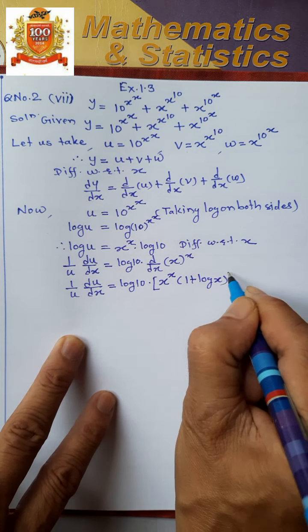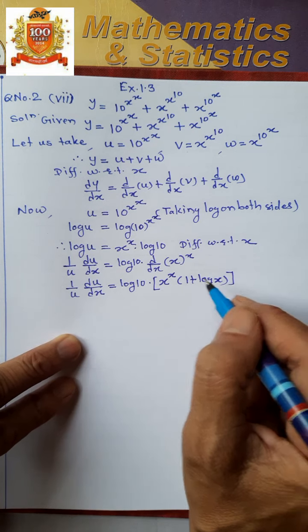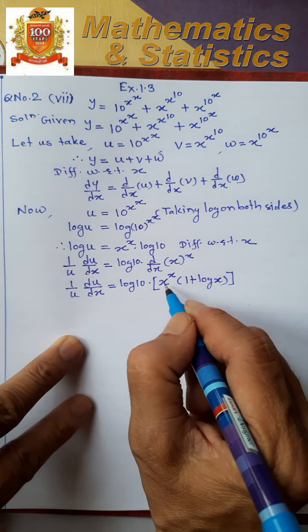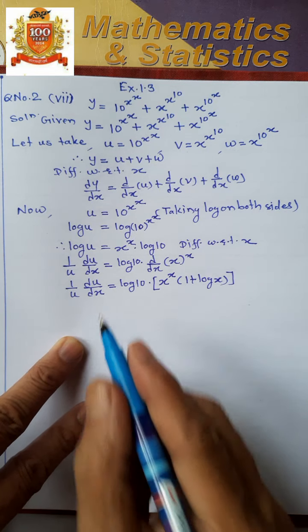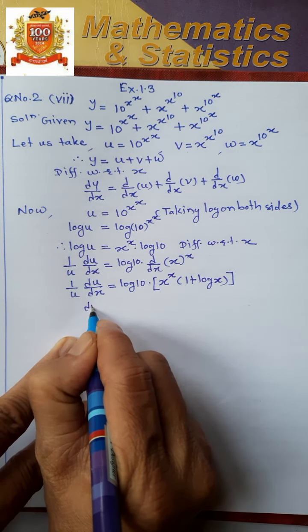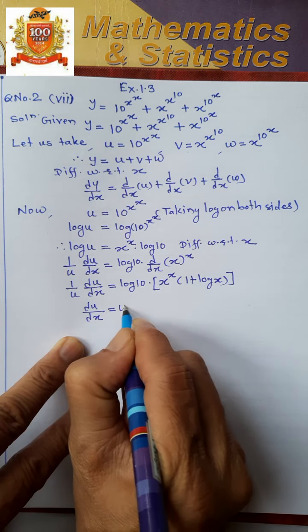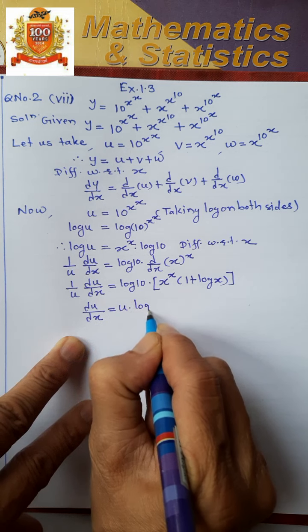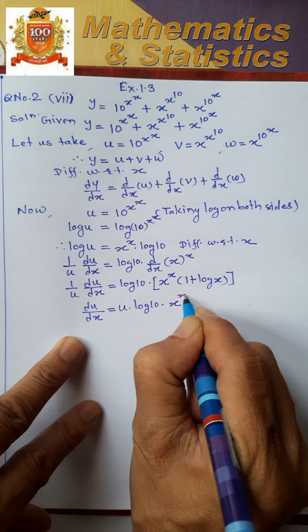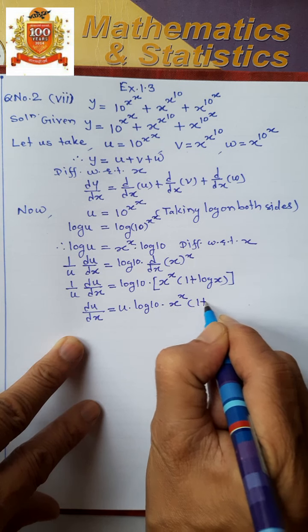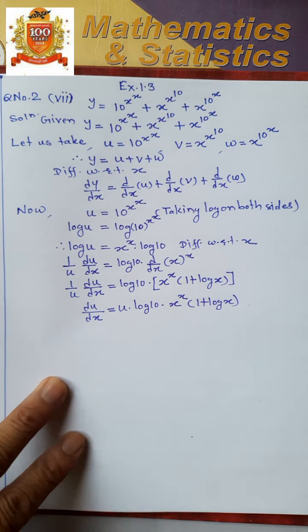Number of times we calculated this, therefore you can write directly here: d/dx of x raised to power x means x raised to power x into bracket 1 plus log x. Therefore, du by dx is equal to u into log of 10 into x raised to power x into 1 plus log of x. Now put the value of u.